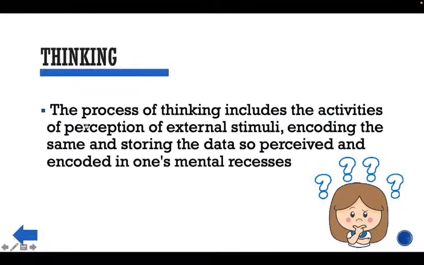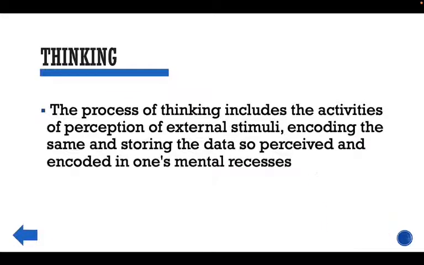Thinking. The process of thinking includes the activities of perception of external stimuli, encoding the same, and storing the data so perceived and encoded in one's mental recesses. Analysis of stimuli.